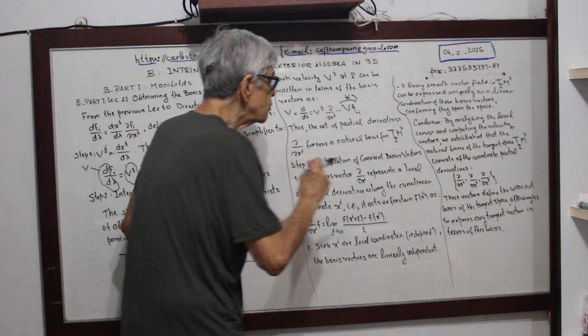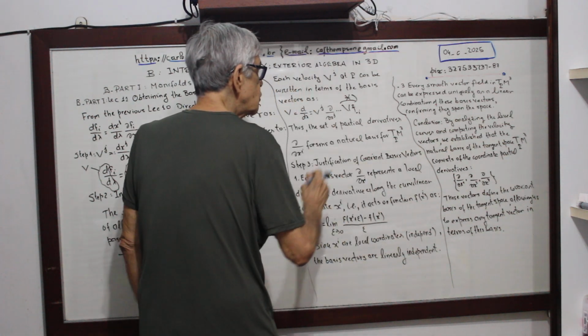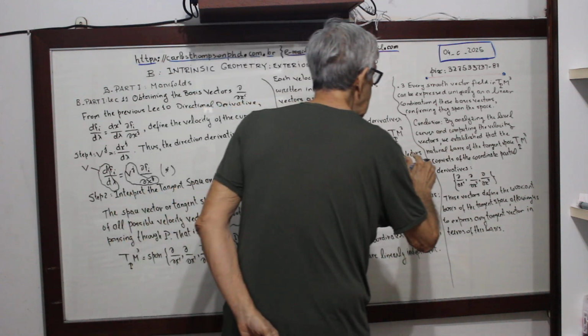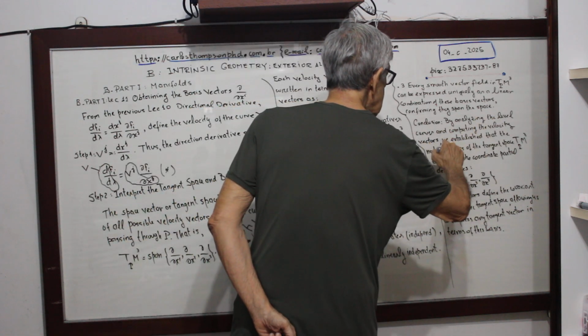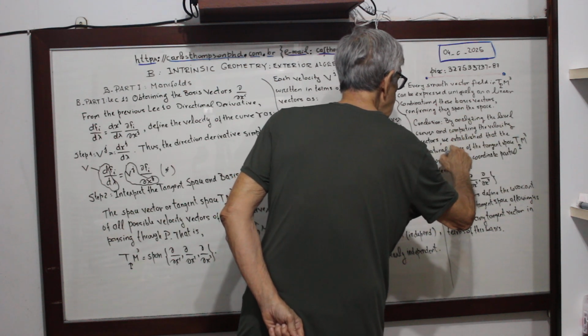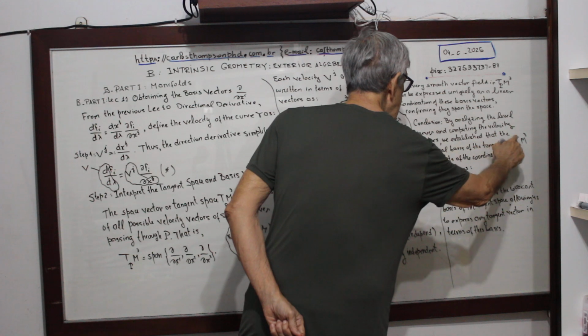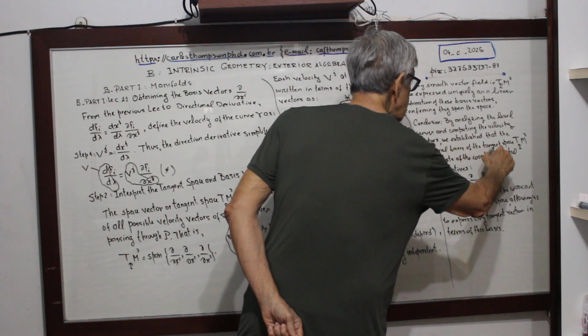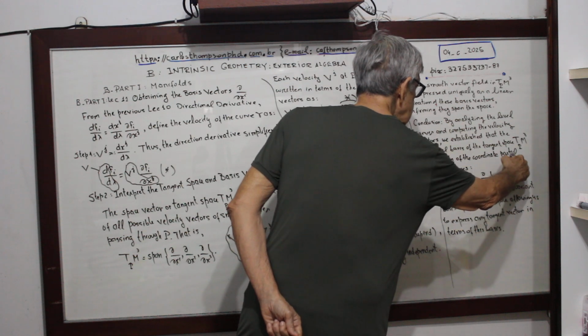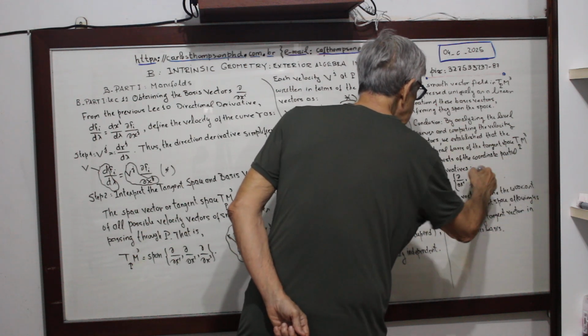See, that's important to review: lectures 9, 10, and 11. So by analyzing the level curves and computing the velocity vectors, we established that the natural base of the tangent space consists of the coordinate partial derivatives.